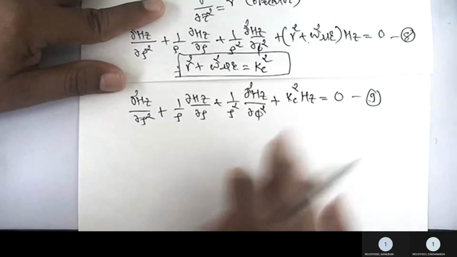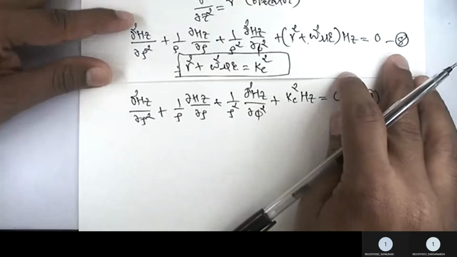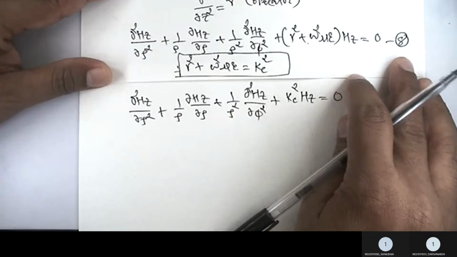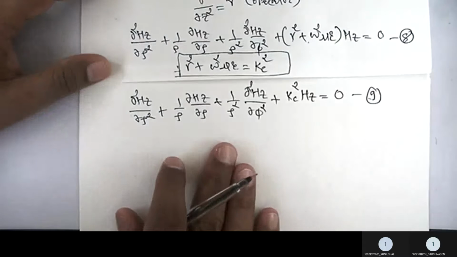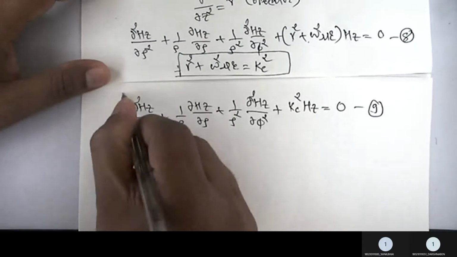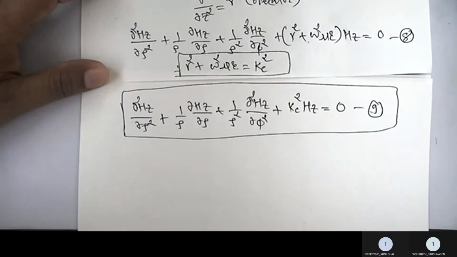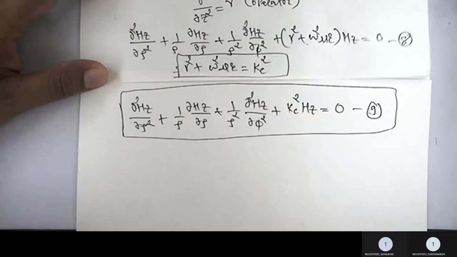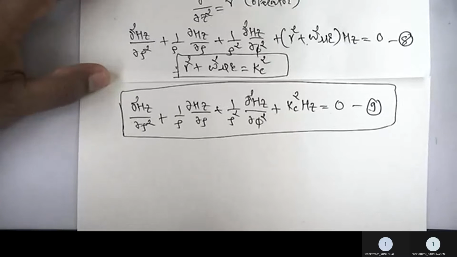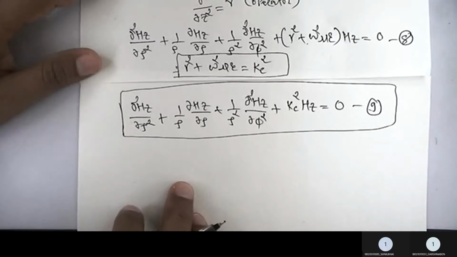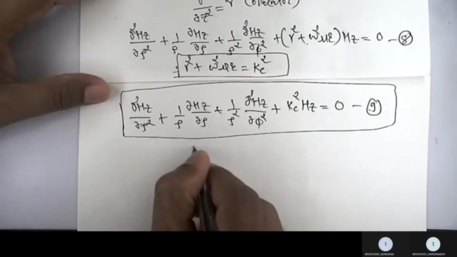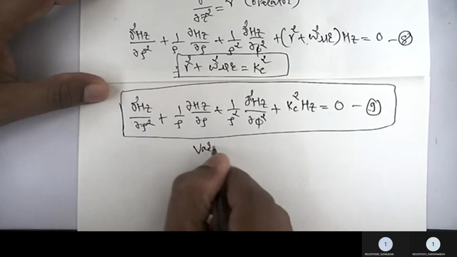So now I have introduced our cutoff wave number. Here we have to solve this expression, which is one kind of partial differential equation. To solve this partial differential equation, we can use the method that is considered the variable separation method.